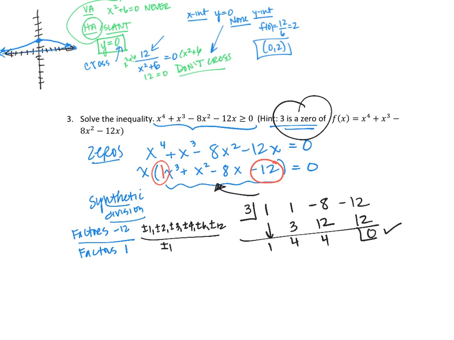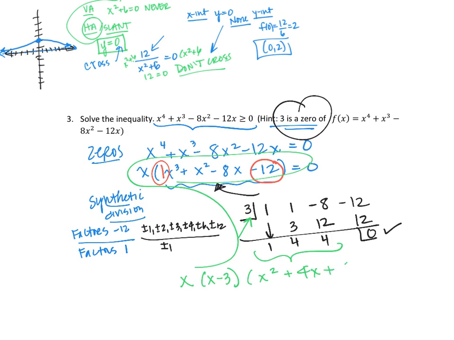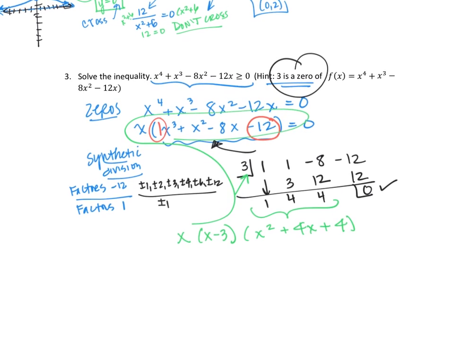So then this means that if I'm looking at factoring that polynomial, I already have the x. I know that 3 as a 0 means x minus 3 is a factor. And then I want to rewrite that polynomial: that's x squared plus 4x plus 4. So this is all the review from our very first exam.